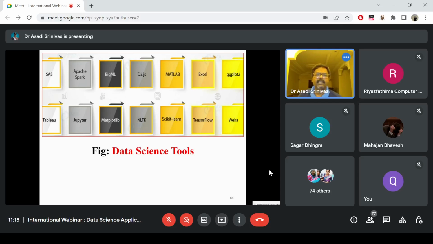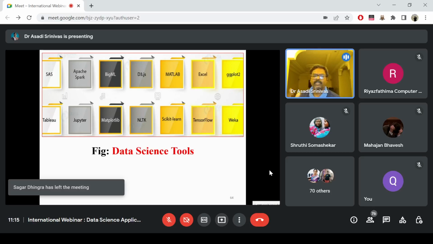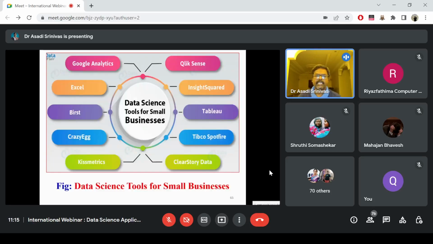BigML is a big data machine learning tool, and MATLAB is a mathematical laboratory tool to solve various matrix related applications. Excel is a statistical tool, and ggplot2 we are using in R programming. These are the various tools we are using in data science.